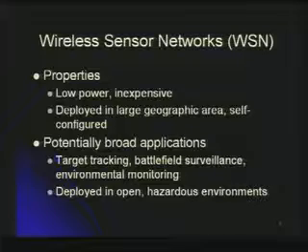Because of this property, it has been envisioned to have very broad applications. For example, we can use it for target tracking, battlefield surveillance, and environmental monitoring. In particular, because once you deploy it, it's going to self-configure into one network, it is very suitable for event tracking in open hazard environments.